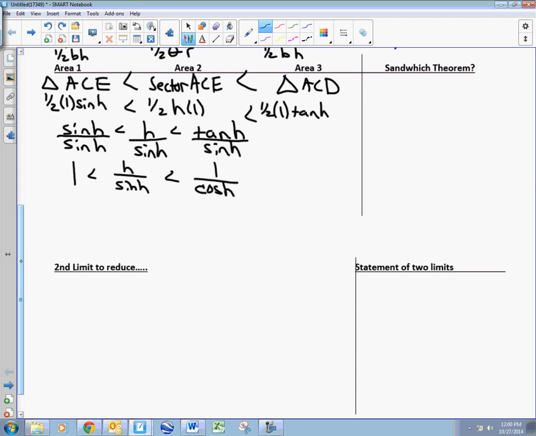So if you take the reciprocal, you get 1 greater than sine of h over h is greater than cosine of h. And now, let us take the limit as h goes to 0 of all of them. What's the limit as h goes to 0 of 1? 1.